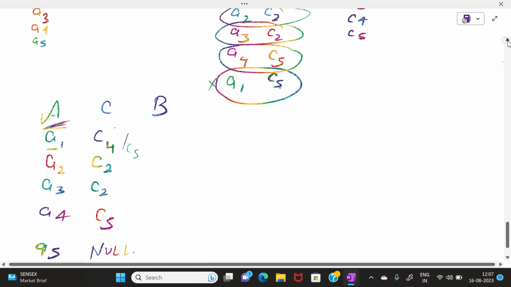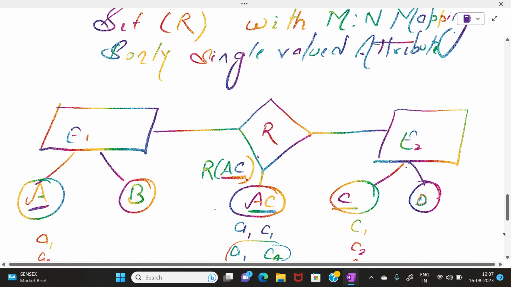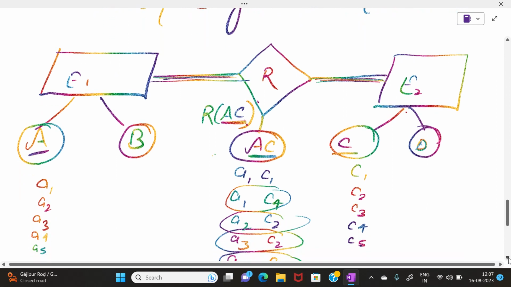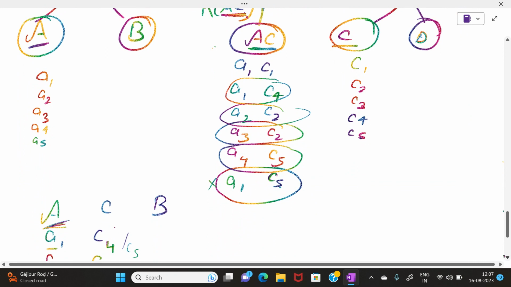The same thing will happen if we try to combine E2 with R also. The same thing happens because this is a many-to-many mapping, right? So definitely we will lose something, or if we try to add that in the table, it won't be possible to have the minimal candidate key as A here, or some properties would definitely be lost while we are trying to combine these tables.